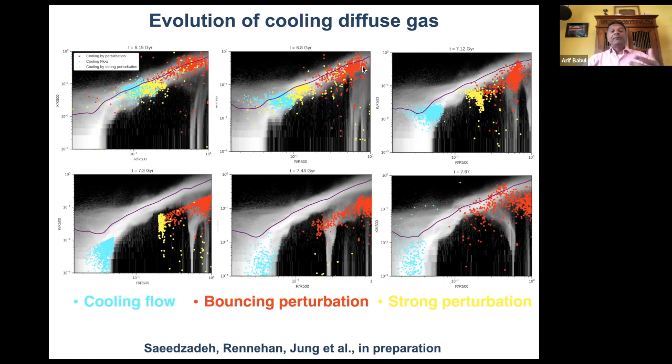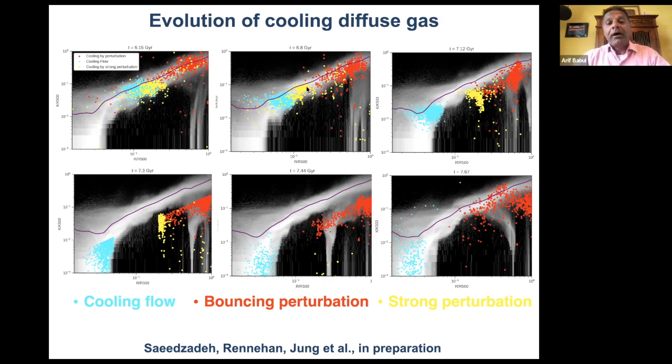As this medium is being perturbed, and Alex Liu showed a really nice slide that illustrated how this perturbation is happening, you have mixing, you have wakes that are compressing the medium, and you have thermal instability setting in in these higher density features, and some of them will drop down and bounce back up. These are the red ones. They are not unstable. They just get squeezed and then they return back to normal.